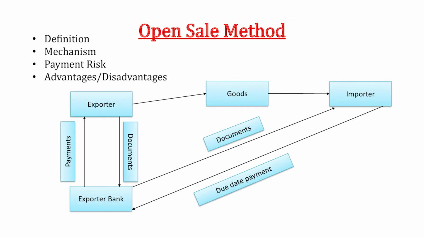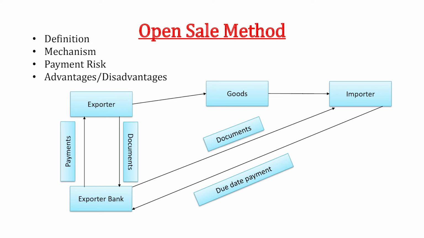Then friends, open sale account. Sometimes the buyer is a very big buyer, or the exporter has very good past experience, and now he wants to give a credit period to the foreign buyer to sell.